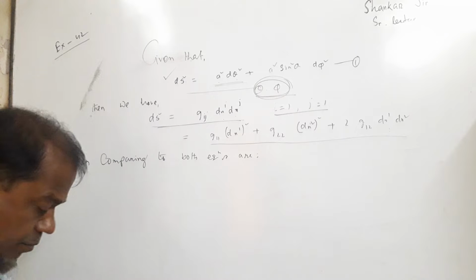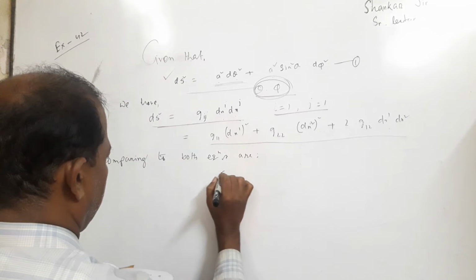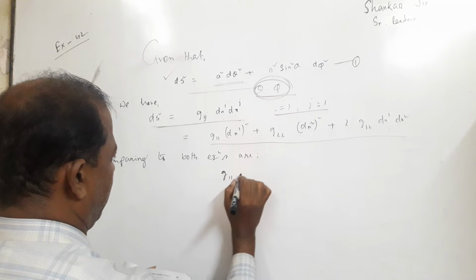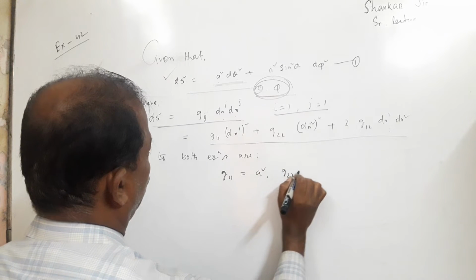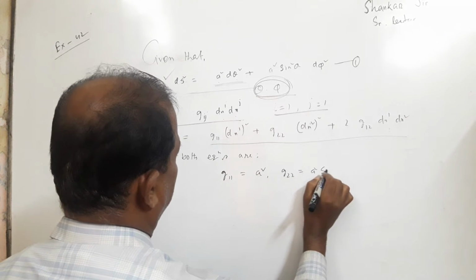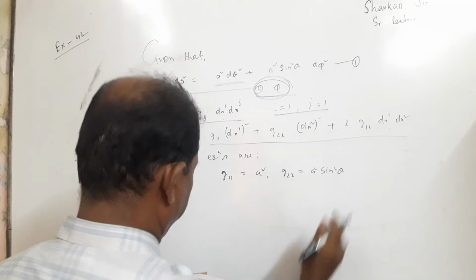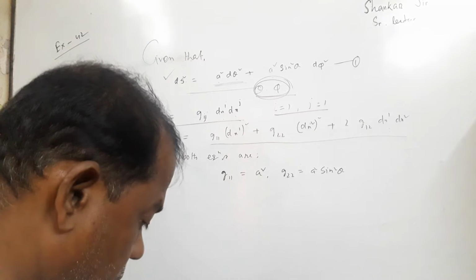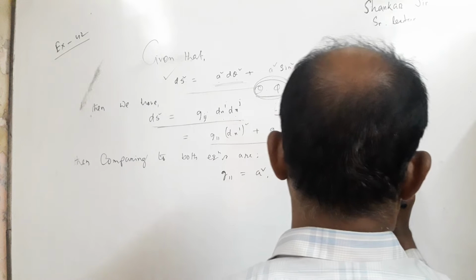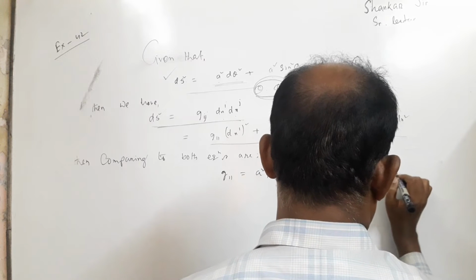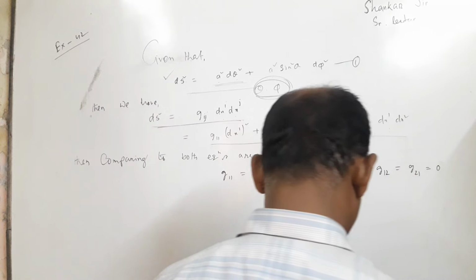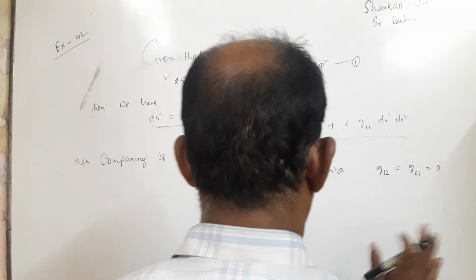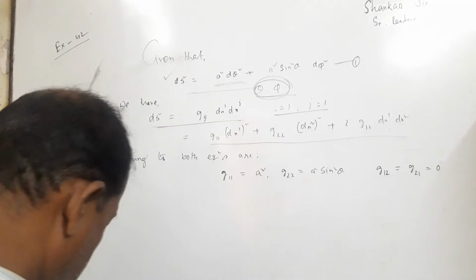Comparing them, g11 equals a square, g22 equals a square sin square theta, and g12 and g21 go to 0. The others are not needed.